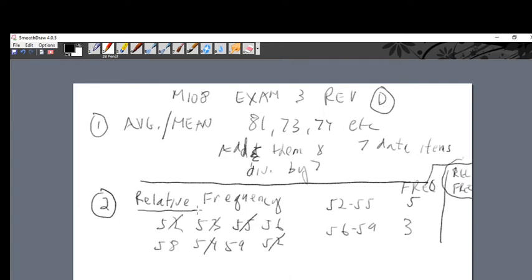You take 5, the frequency of 52 to 55, and divide by the total number of data items, which is 8. For the other class, you take 3 and divide by the total data items. Get something in decimal. They'll probably want a decimal as their answer. That's your relative frequency. It's no more complicated than that.